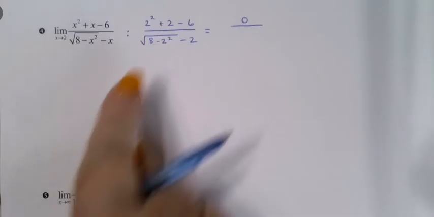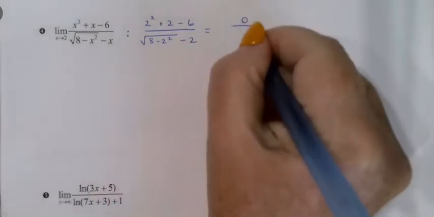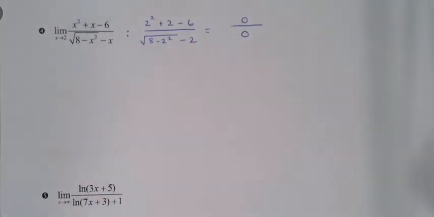Top would be 4 plus 2. That's 6 minus 6 is 0. That's the square root of 4, which is 2. 2 minus 2 is also 0. So once again, we do have a L'Hopital's rule situation. You always want to make sure you check, because if it's not 0 over 0 or infinite over infinite, you can't use this method.